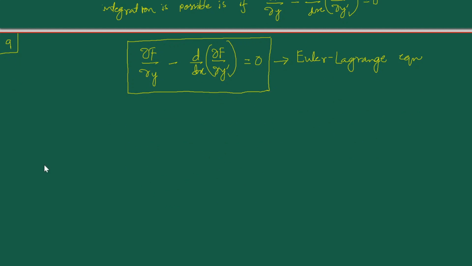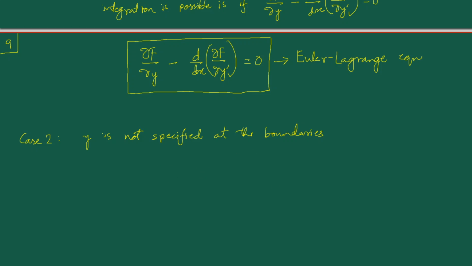What about the case 2? The case 2 is where y is not specified at the boundaries. So we certainly do not require that eta has to be 0 at x equal to x1 and x equal to x2.